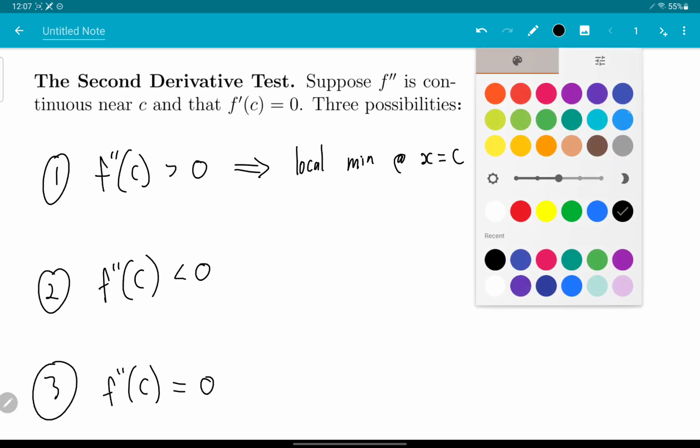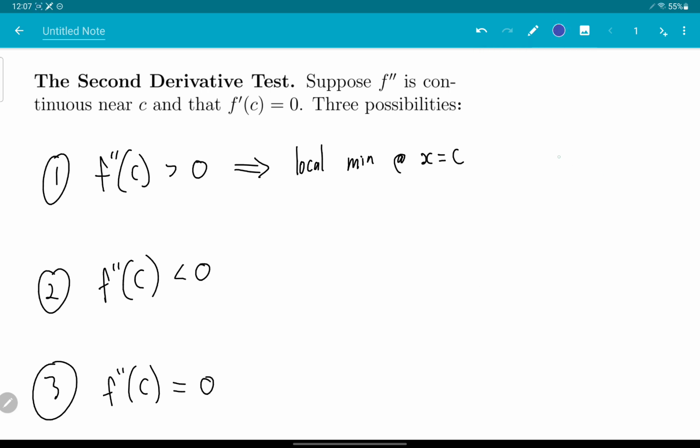The idea is that if you have a critical point, let's say this point here is a critical point, and the second derivative is positive, so you can think of that as concave up, right? And we just say, well, that is a min.